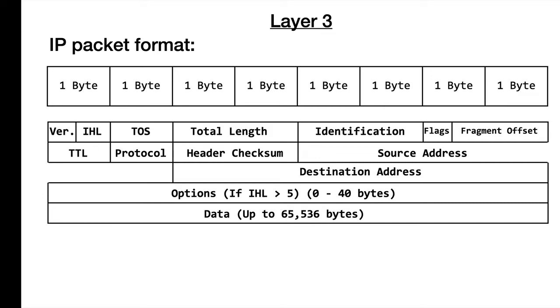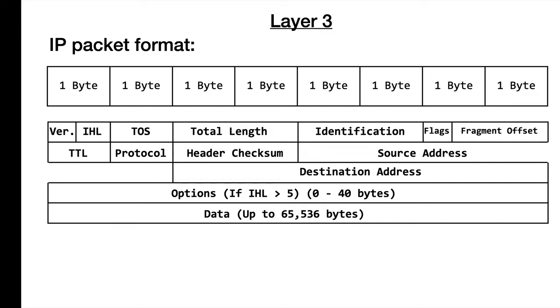We'll talk about that in more detail. We have an identification field that is primarily used for identifying a group of fragments. We have flags, which talk about is fragmentation allowed or not. If fragmentation is allowed, and this is a fragment, what is the offset in the data that we are sending?